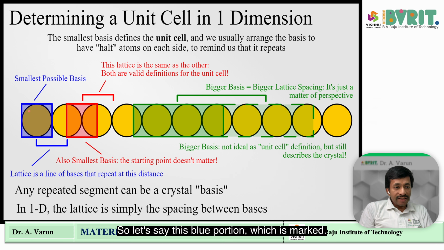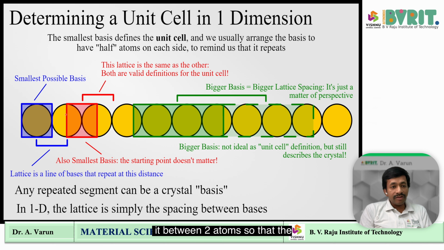Let's say this blue portion which is marked, can we call this a unit cell? Or there is a possibility of considering it between two atoms so that the space is also covered, so this red portion. Or I can take from one end to the other end, considering three or four atoms, the green one.